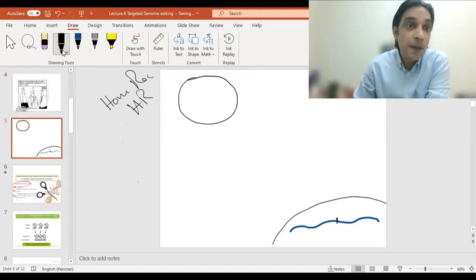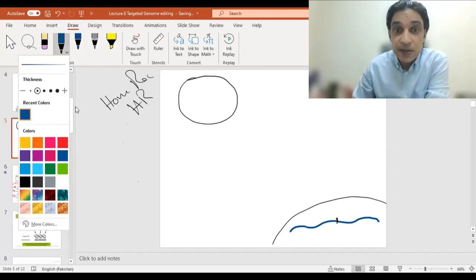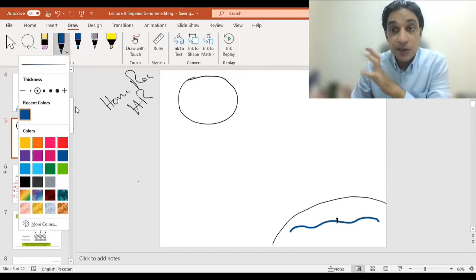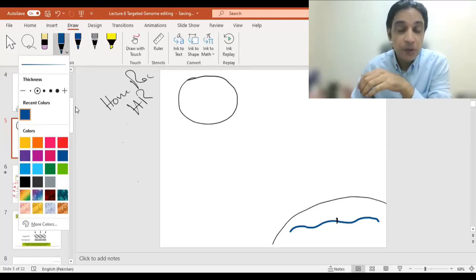Please stay with me. Okay, it involves the vector. That vector contains a certain fragment, a certain cassette of the DNA, which is used to incorporate or to send the gene of our own choice at the place of our own choice.